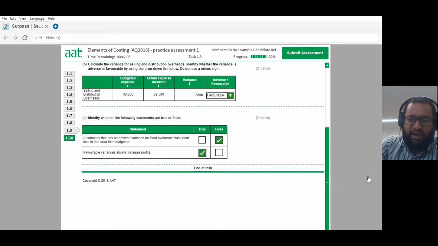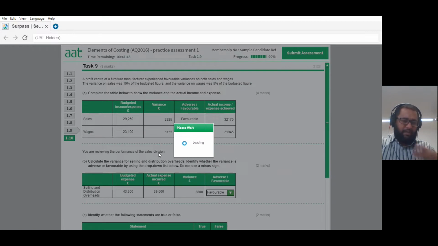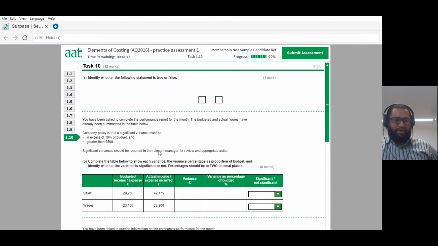So that is definitely a right answer, because if you spend less or you earn more than you expected, of course, you have more in your profit column because your expenses are lower, your income is higher. So it's going to be increasing your profit.